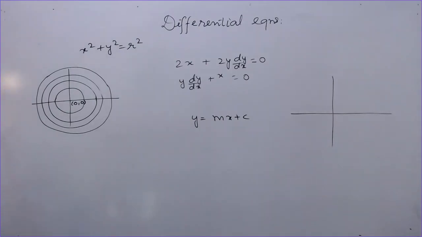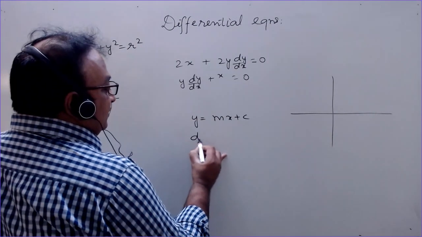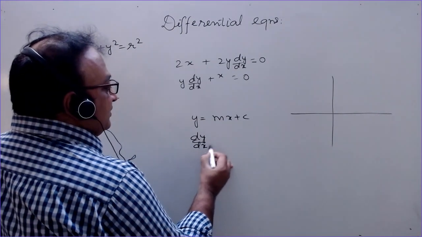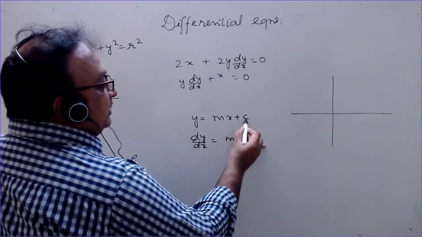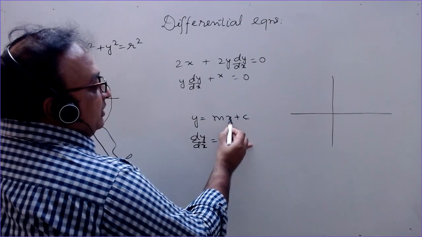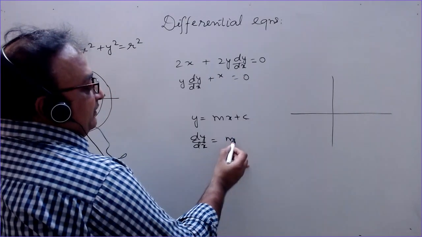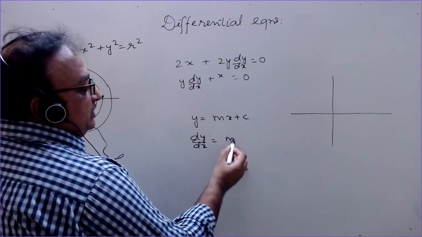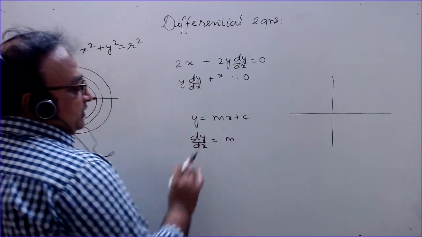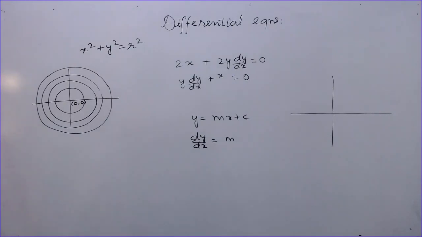So if I differentiate this, dy by dx is equal to m. c is a constant, its derivative is 0, x has derivative equal to 1, and m is a constant, so m into 1. So this shows that m is the slope.